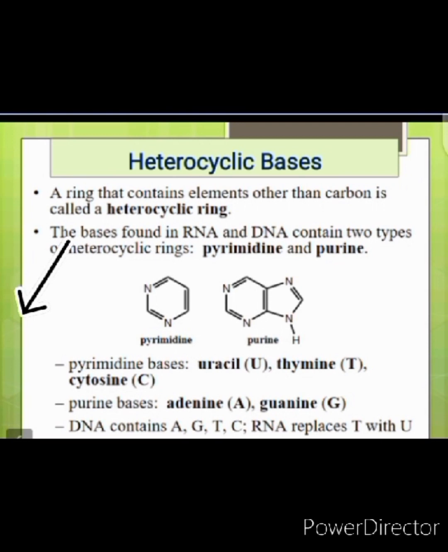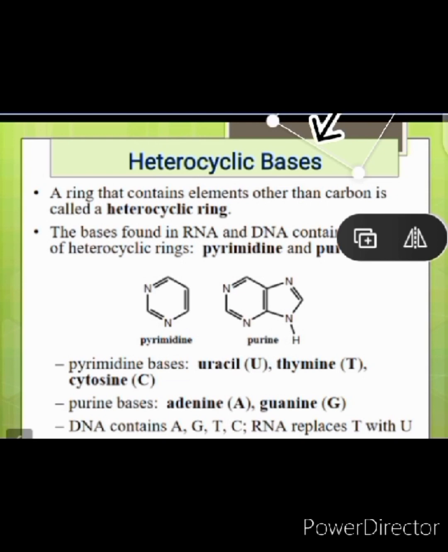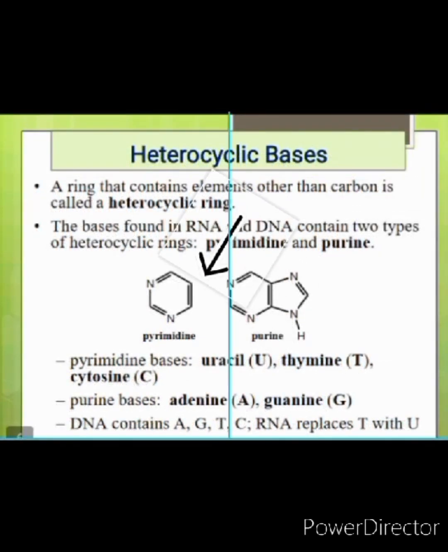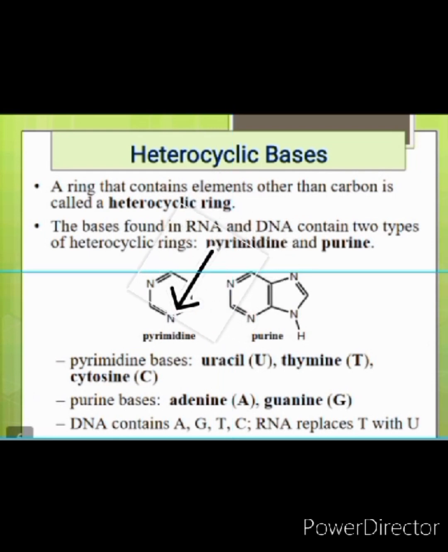The bases found in RNA and DNA contain 2 types of heterocyclic rings: the pyrimidine and the purine. Pyrimidine has a single 6-membered ring. So 1, 2, 3, 4, 5, 6.